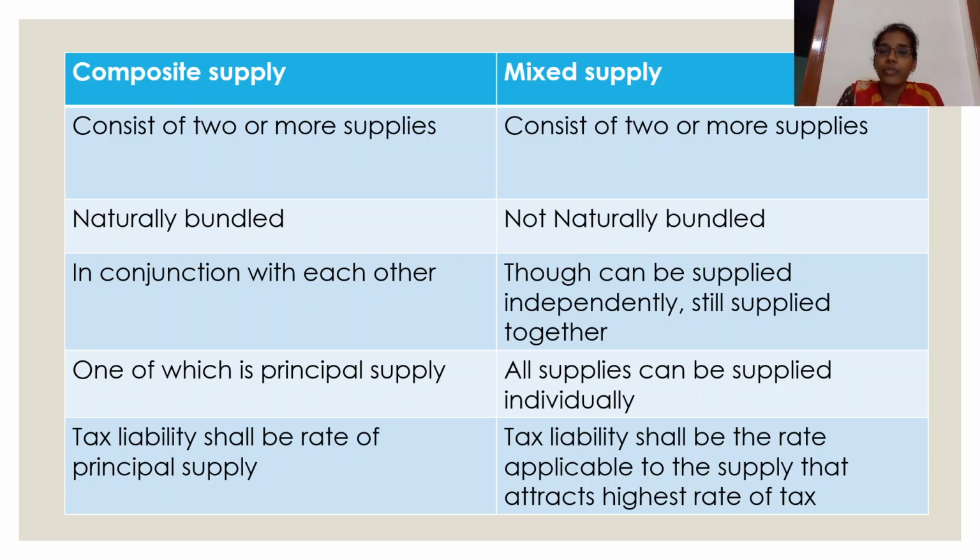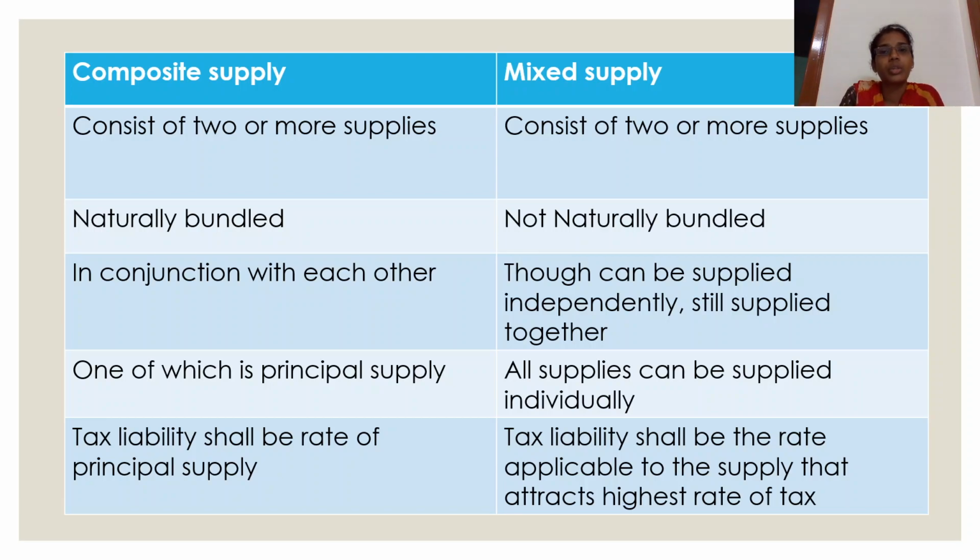Just think of this: in a mixed supply where you have three products, one product attracts 5% GST, the next attracts 12% GST and the third attracts 18% GST. If it is a case of mixed supply, 18% GST would be applicable, as that is the highest of all in the bundle. In case of composite supply, let's take a machinery that is supplied, and the ancillary ones of installation and insurance to transport it are provided by the supplier.